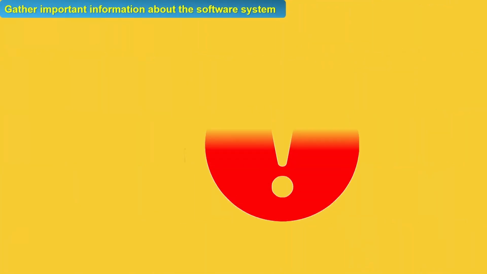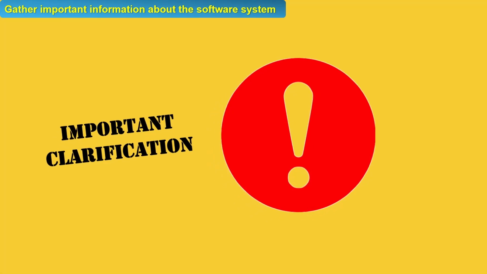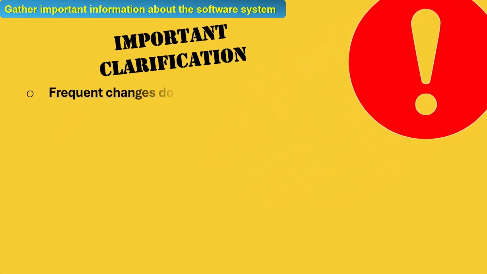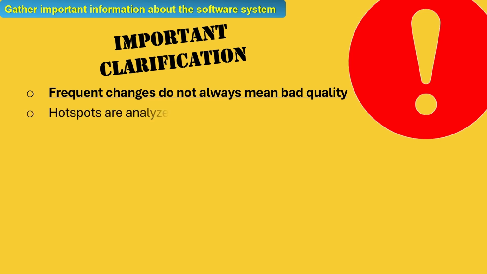Frequent changes do not always mean bad quality. A file may change often simply because it belongs to a core module or it contains maybe important business logic that many features depend on. However, static analysis and hotspot analysis treat frequent modifications as a possible warning sign because repeatedly changing the same file can indicate underlying design problems.